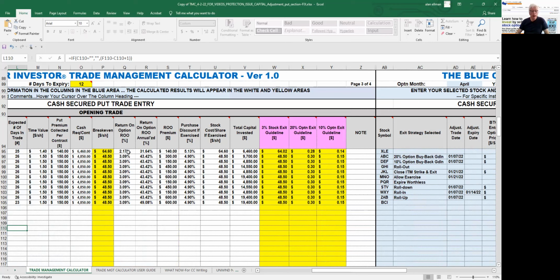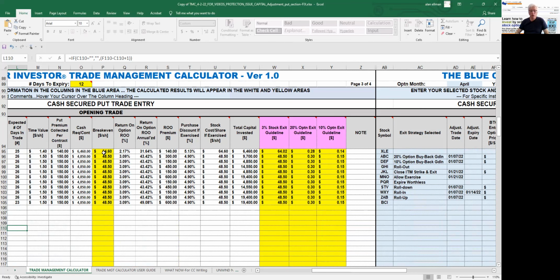And the return on our option, the premium divided by our cost basis, is 2.17%. And based on a 25-day trade, that annualizes out to 31.64%. The total premium in cash was $140. And if the shares are put to us, in other words, if the price of the stock drops below the strike and we take no action to buy back that put, shares are put to us at a discount of 5.13%.